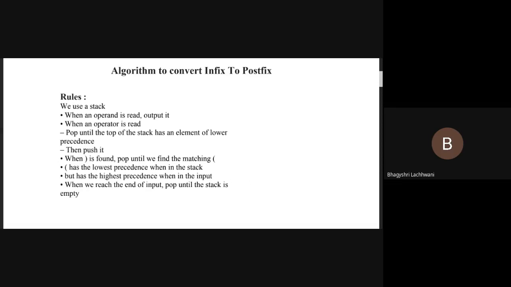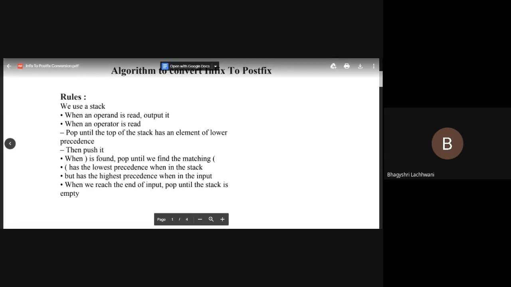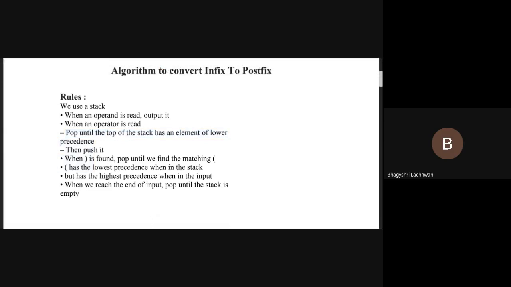Multiplication has the higher precedence, and minus, that is subtraction, has the lower. So you pop the subtraction, because subtraction has the lower precedence. You pop until the top of the stack has an element with lower precedence. At that time you pop the minus and put star, the multiplication, in the stack, and at the output you put the minus.